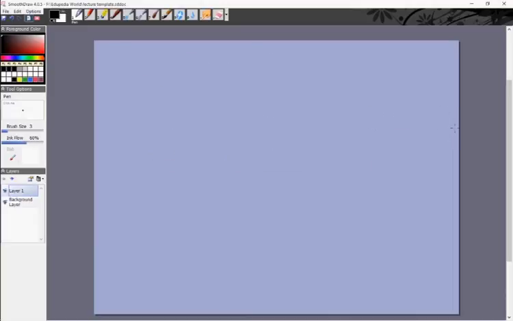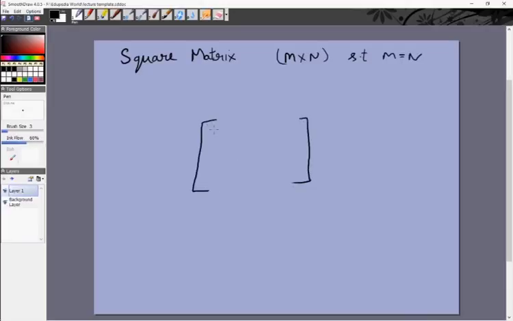Then you have another type of matrix which is called a square matrix. This will be the most commonly used matrix for you in this course, and a square matrix is basically an M cross N matrix such that M is equal to N. So if a matrix has 3 rows, 1, 3, 5, then it should have 3 columns as well.